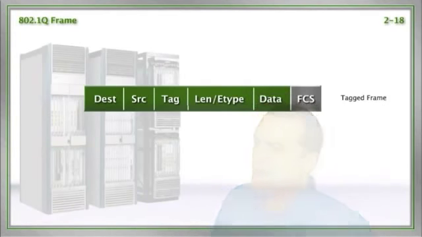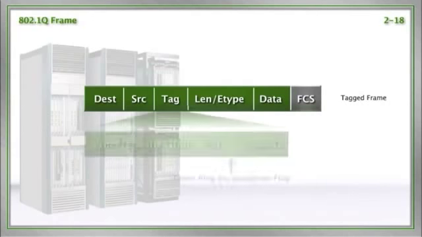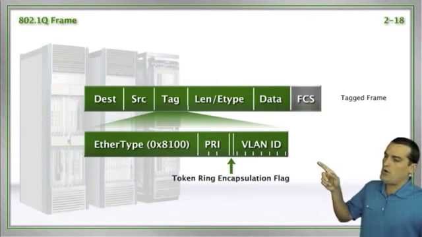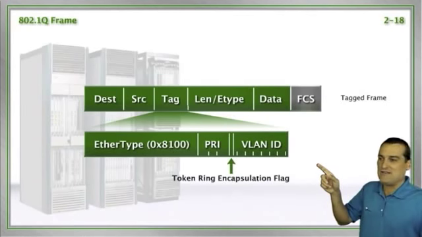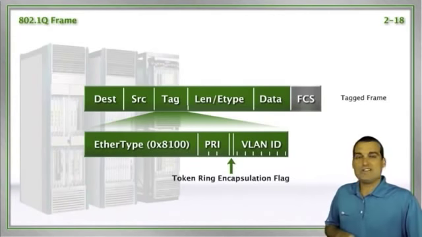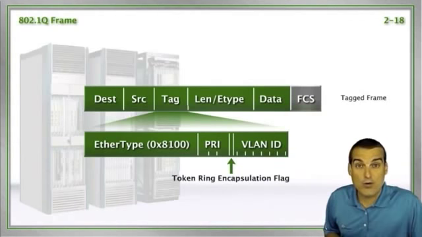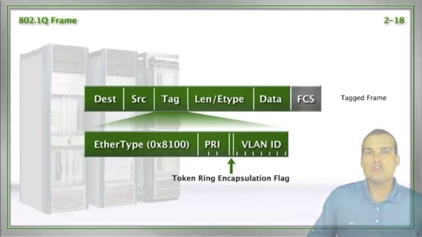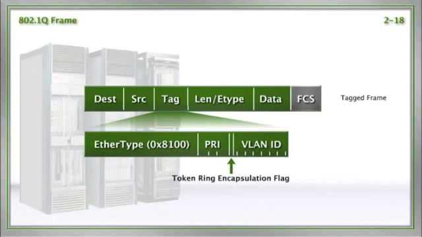If you expand and look at that tag in greater detail, you'll see that sure enough, there is, as I promised, an area that holds the VLAN identification. So notice there's our VLAN identification field. And notice the PRI. What's that field all about? Priority. That's right. This is used in quality of service to show that the layer 2 frame might be something very important like voice traffic.